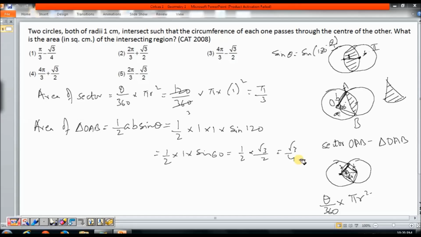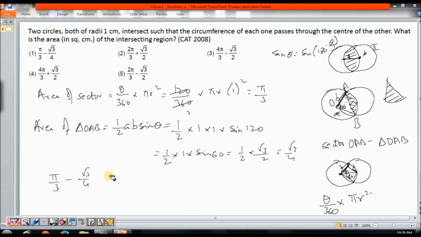So the area of only this segment, minor segment AB, area of this segment AB is nothing but area of sector minus area of triangle. So area of sector is pi by 3 minus area of triangle is root 3 by 4.